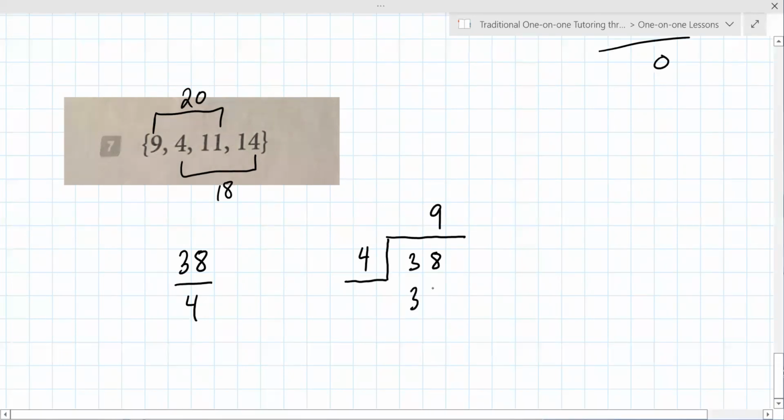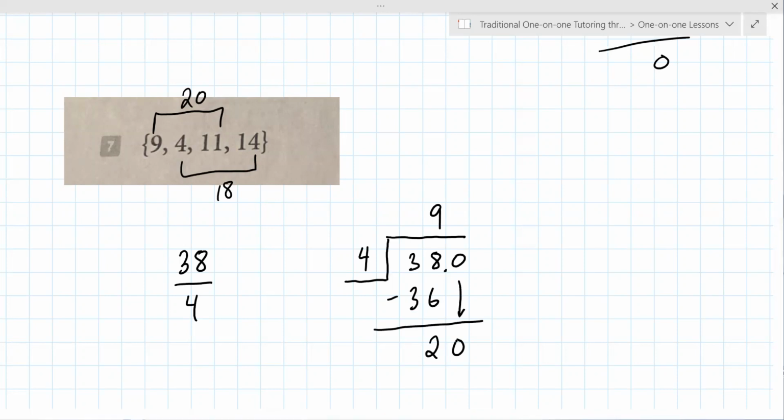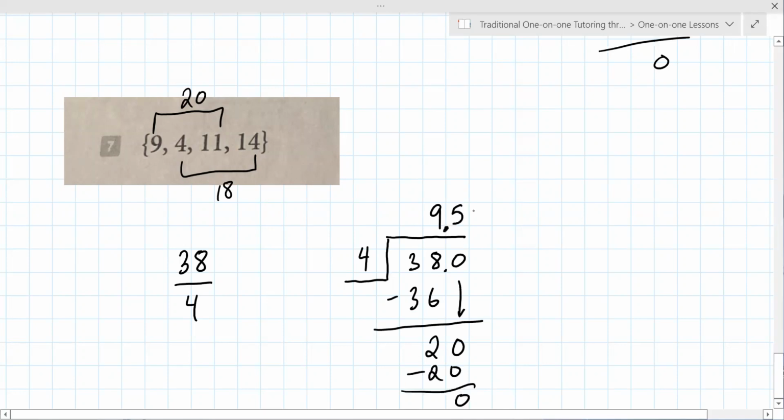Nine times 4 is 36. You subtract and get 2. Bring down the 0. How many times does 4 go into 20? 5 times. You got to put the decimal up there, so it's 9.5. 5 times 4 is 20. You subtract and get 0.